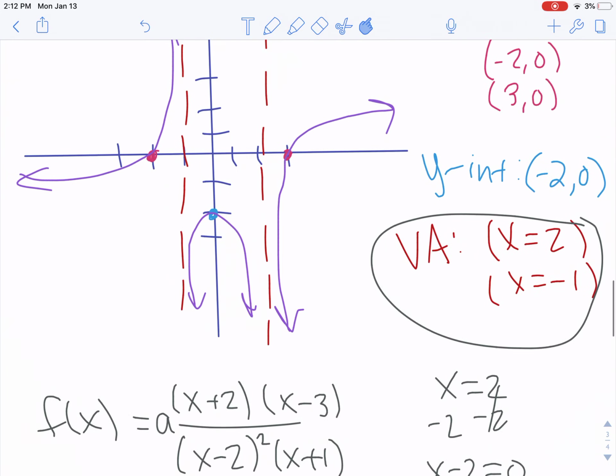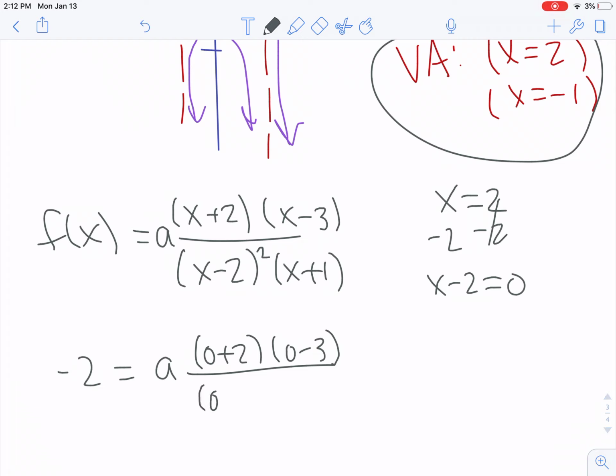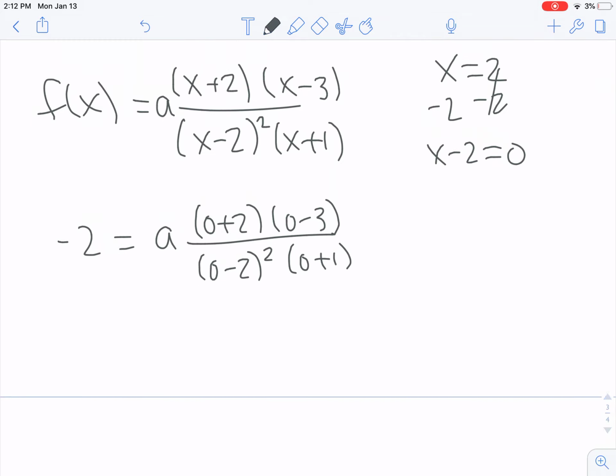So we're going to plug in the y-intercept, (0, -2). That means my y value is negative 2, and I'm plugging in 0 for my x's, so 0 plus 2, 0 minus 3, over 0 minus 2 squared, 0 plus 1. When you work all that out, you get negative 2 equals a times negative 6 over 4.